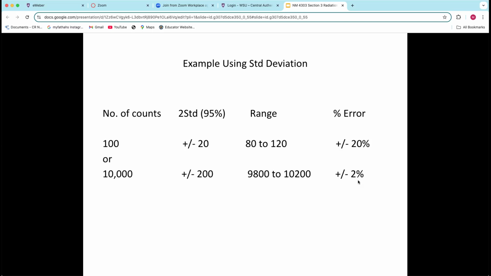Now, the only reason he can do that, and he's dependent on what you do, is because your protocols have been set to a certain number of counts or time. What that's doing is guaranteeing that you have enough counts that the percentage of error is really, really, really low.